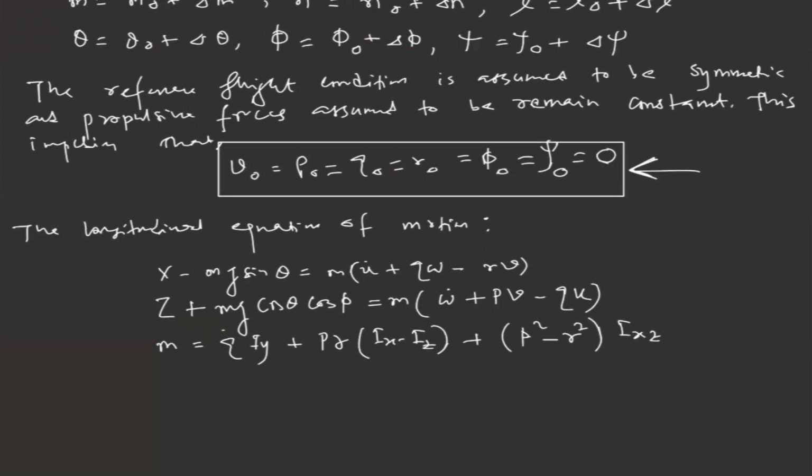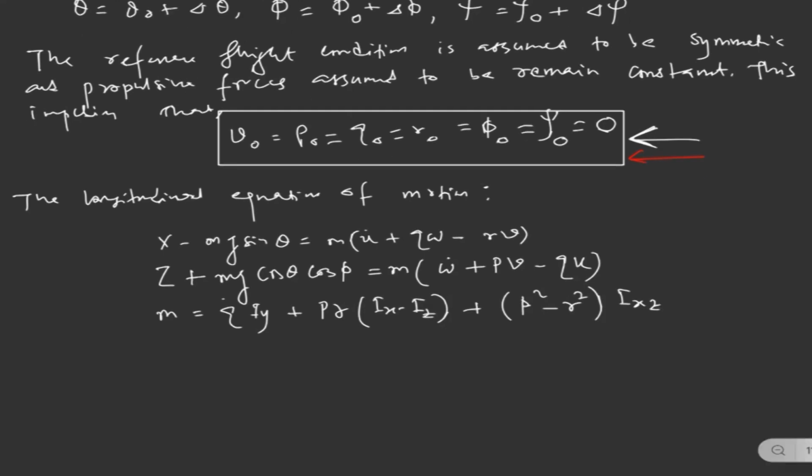Now, for this reference model, let's look at what the trim flight condition should be for the longitudinal motion of the aircraft.